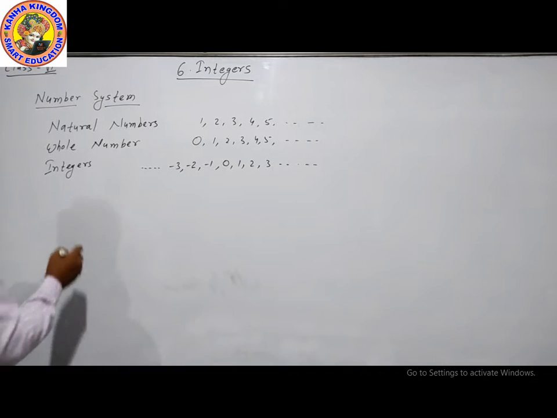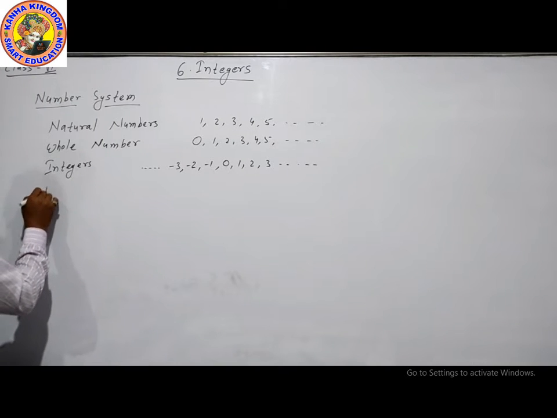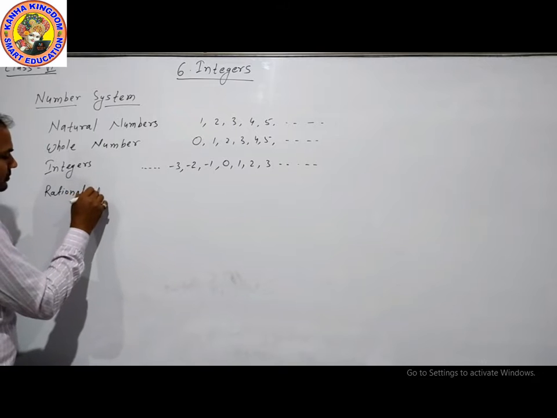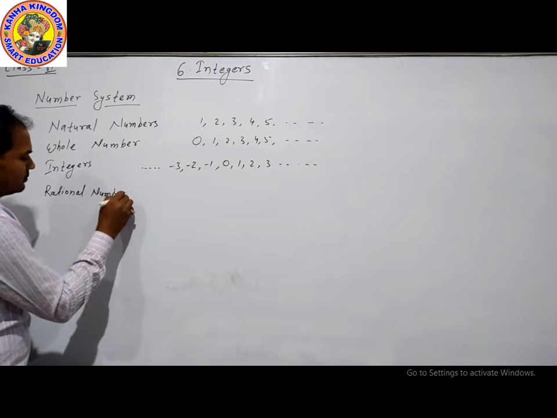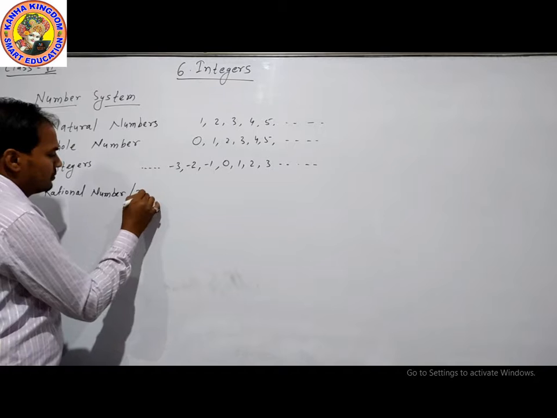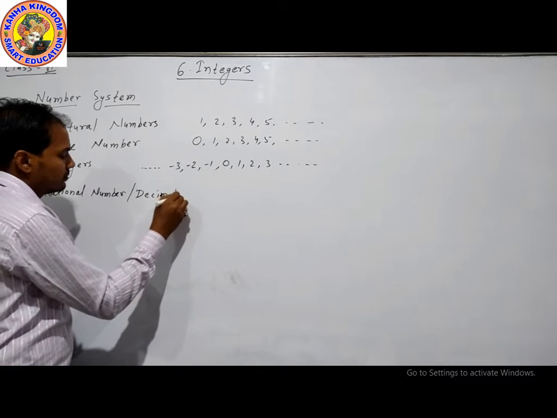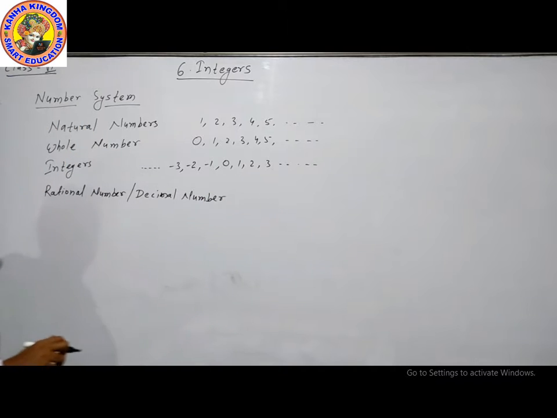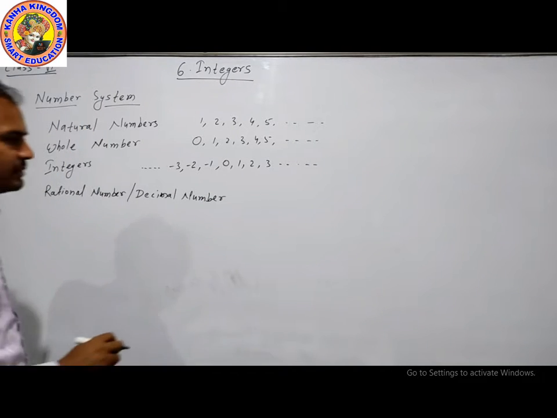The other one is decimal numbers, or rational numbers.